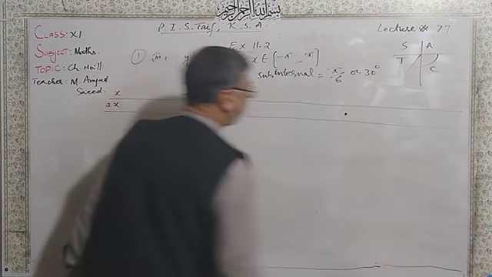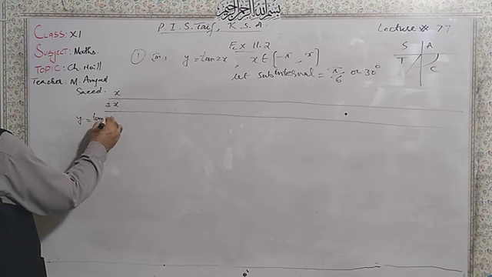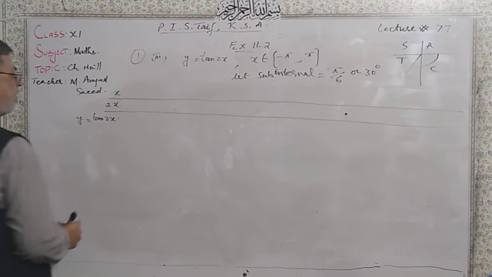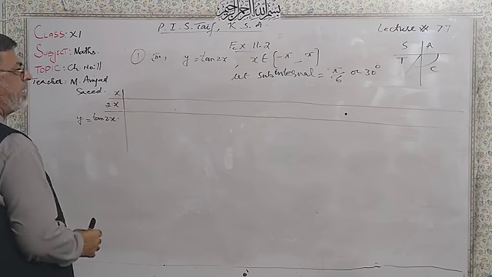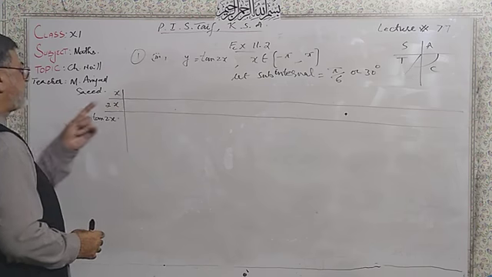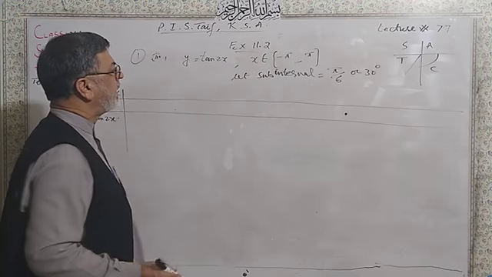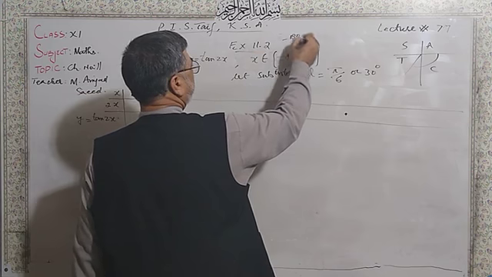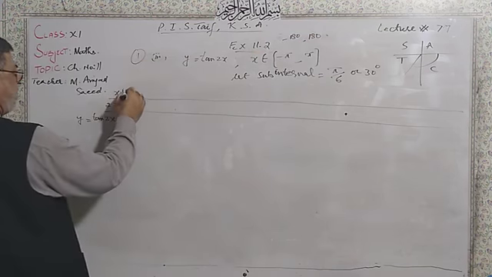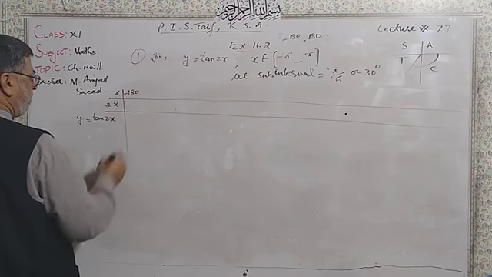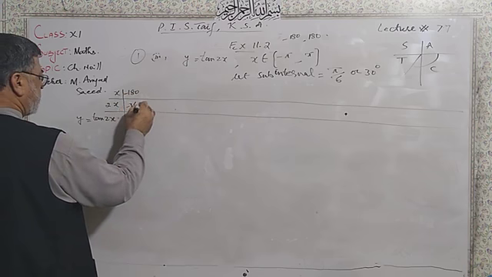And here we can have y is equal to tangent 2x. We start from minus pi, you can say minus 180, to plus 180. If this is minus 180, that will be minus 360.